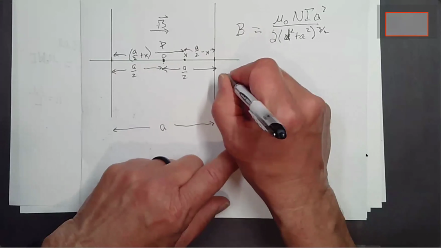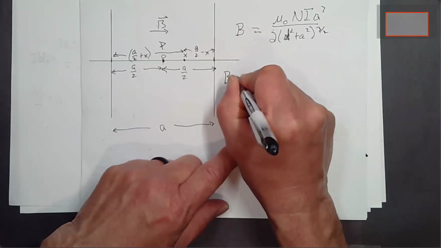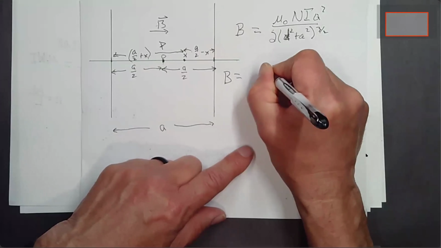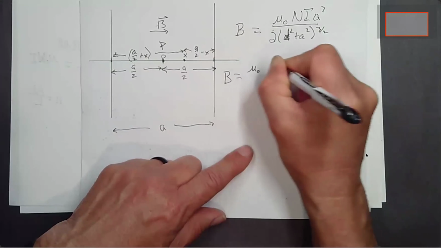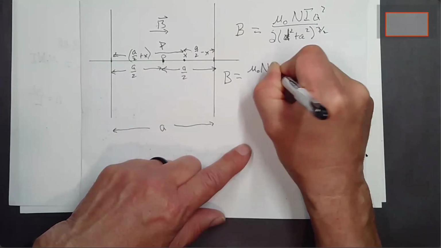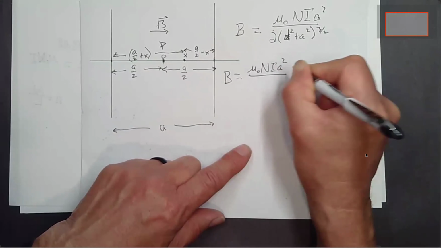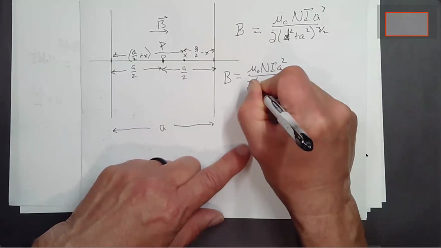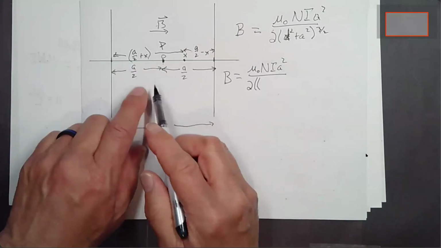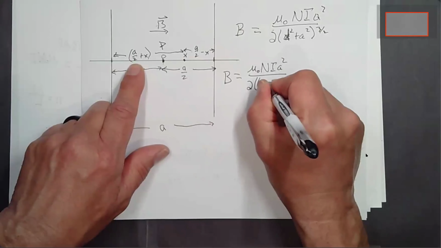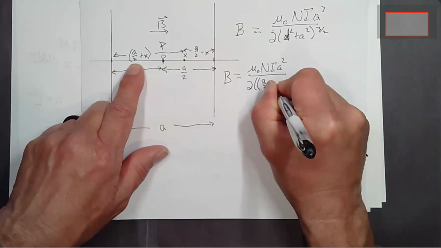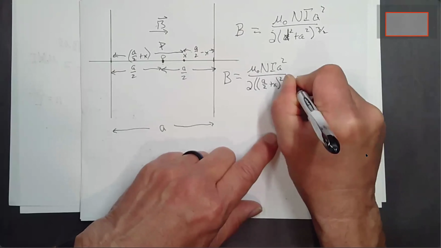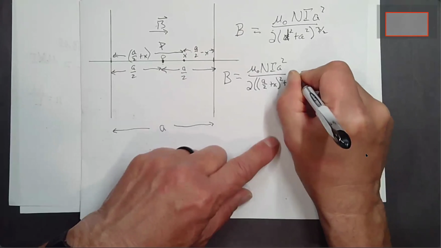So in this case, the magnetic field is going to look like this. B equals mu naught N I A squared on top of both expressions, actually. And again, A is the radius of the coil. That's why that shows up here. And then for the left coil, the contribution will be 2 times A over 2 plus x quantity squared plus A squared, and that's to the 3/2.